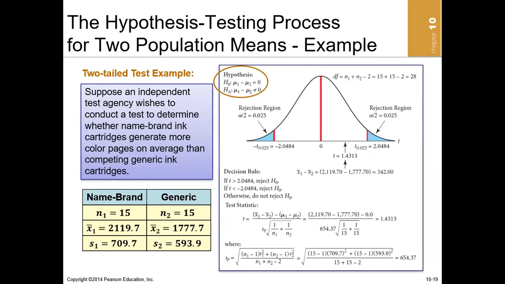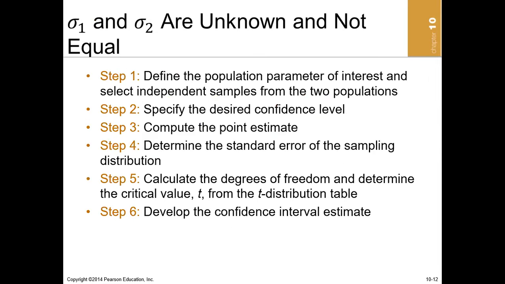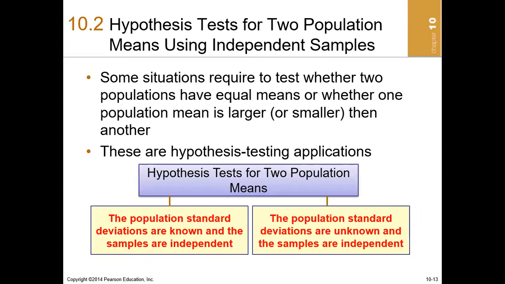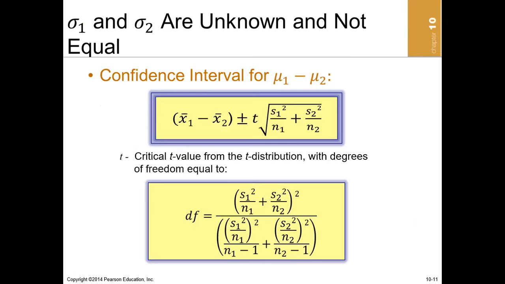If they are unknown and they are not equal, obviously the point estimate still remains the same: x1 minus x2, the sample means, plus or minus the critical value t. And now the standard error becomes a little simpler.